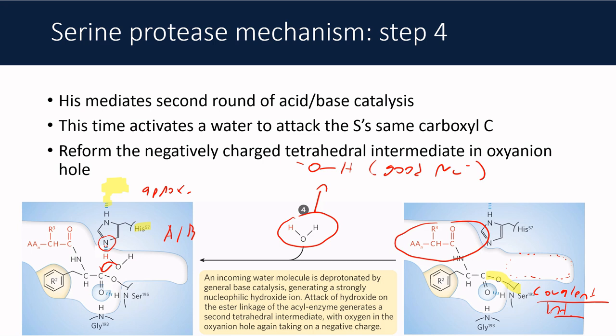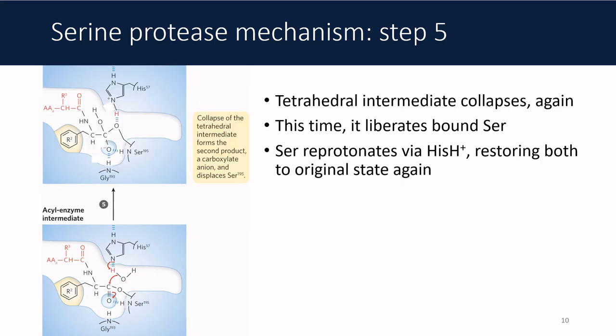The steps you'll see moving forward are going to now look a little bit familiar. Histidine's activation of water is going to induce the formation of another tetrahedral intermediate. We're adding a bond to this ester carbon. That means we have to break a bond.